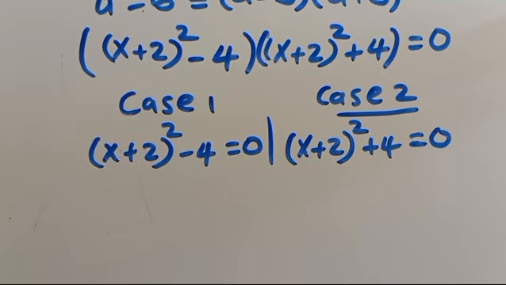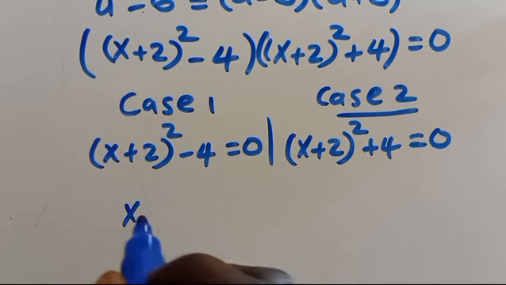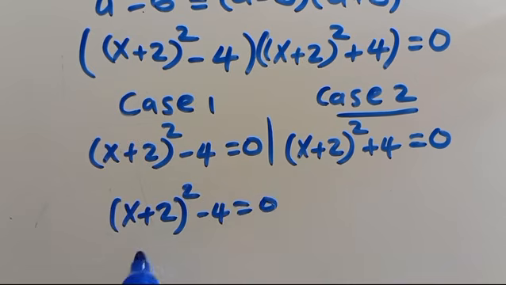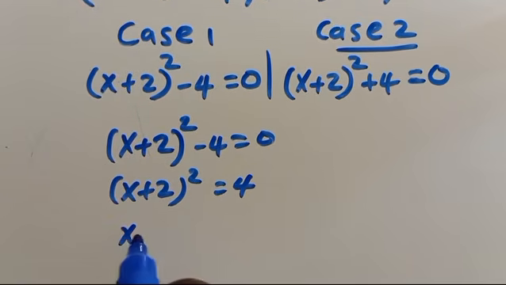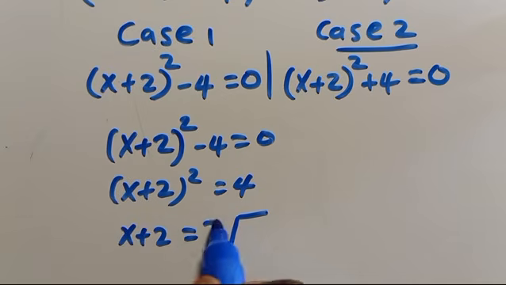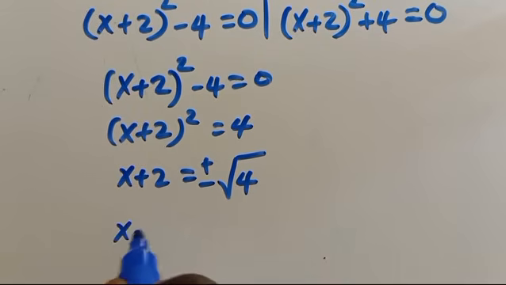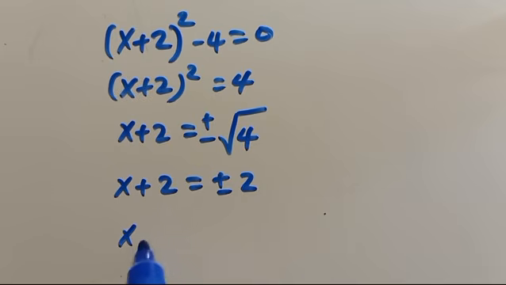Then from here, we have this side, (x + 2)^2 - 4 = 0. We can have (x + 2)^2 = 4. And so square root both sides, we have x + 2 equals positive or negative square root of 4. 4 is a perfect square. We have x + 2 equals positive or negative 2. So we have x equal to positive or negative 2, then minus 2.